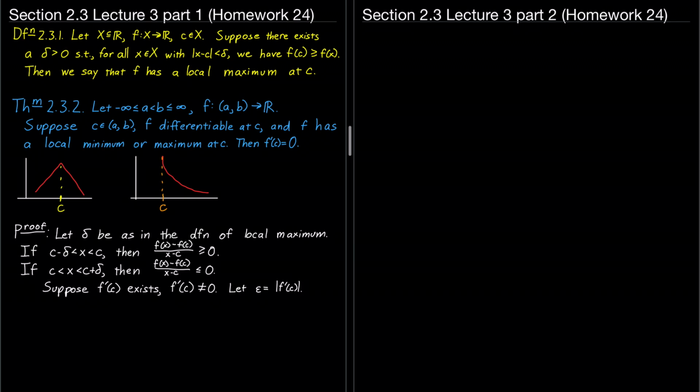And f prime of c exists. And remember, this is the limit as x approaches c of f of x minus f of c all over x minus c.